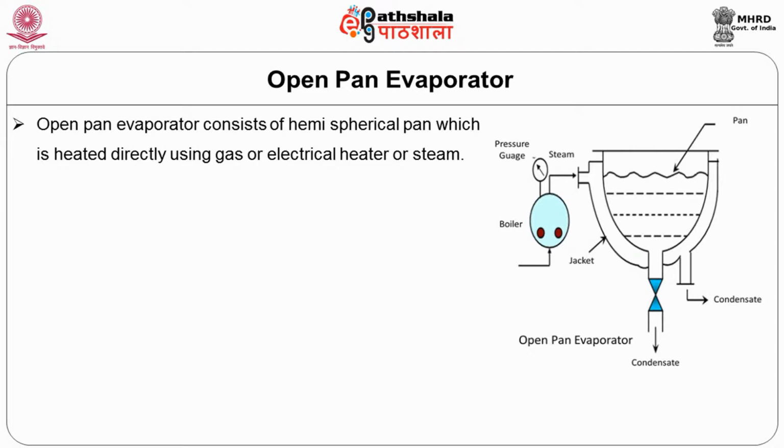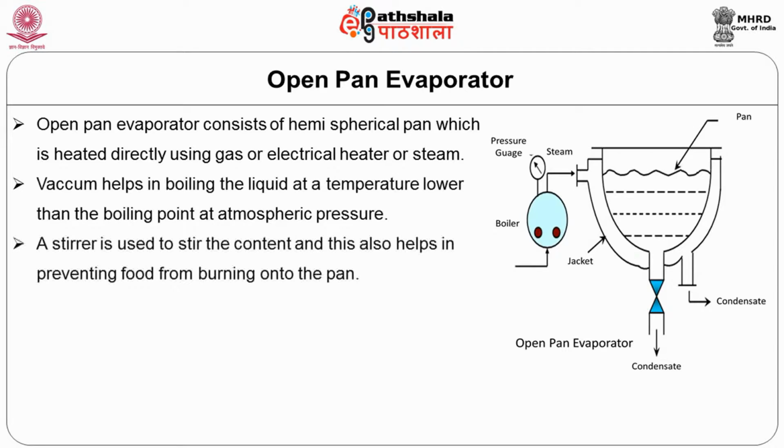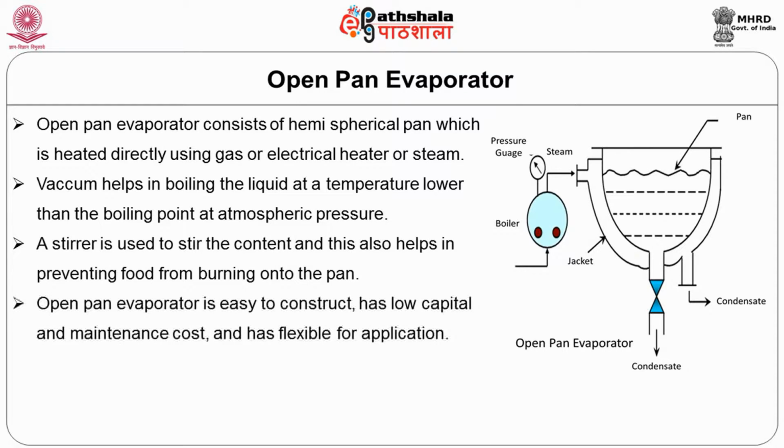As I already discussed, vacuum helps in boiling the liquid at a temperature lower than the boiling point at atmospheric pressure. A stirrer is used to stir the contents, and this also helps in preventing food from burning onto the pan. An open pan evaporator is easy to construct, has low capital and maintenance cost, and is flexible for application.